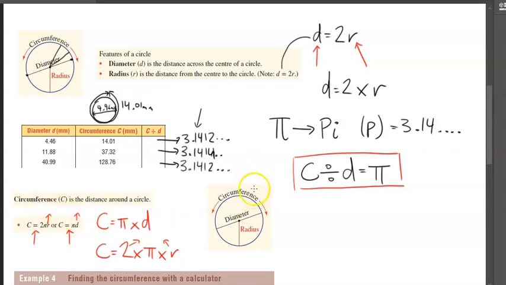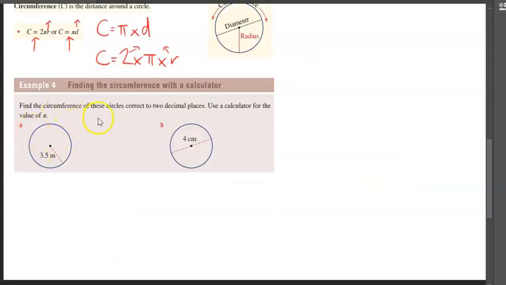Let's try a few examples and see how easy this formula is in order to obtain the circumference of a circle. Okay, we're going to find the circumference of these circles corrected to 2 decimal places, and we're going to use a calculator value for pi. The first one here, we have a circle and we're trying to find the outside length.